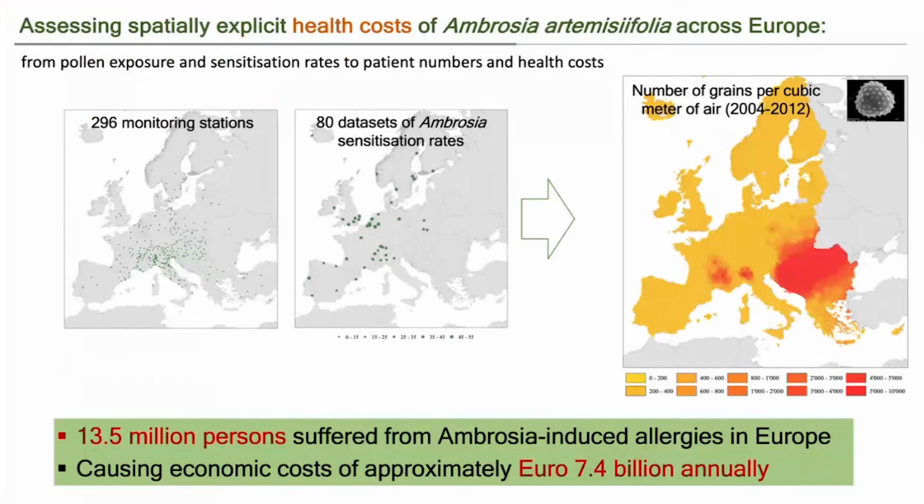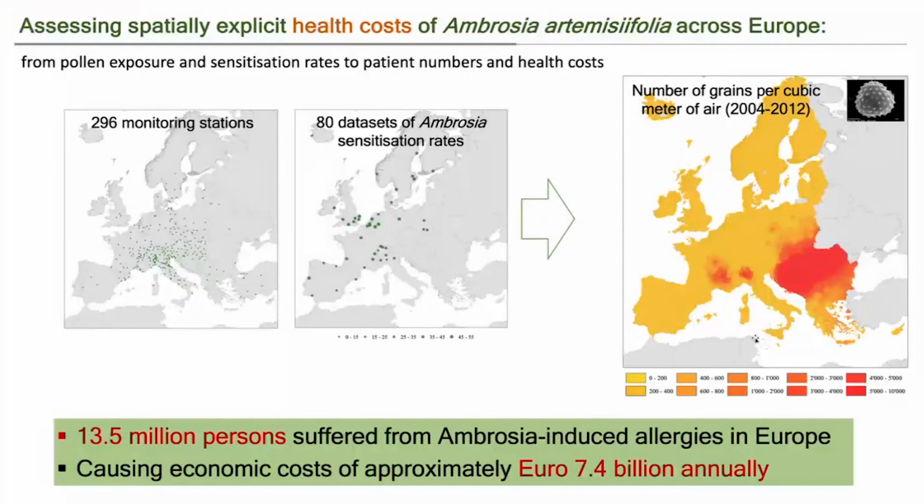This is one final example for Ambrosia. Based on the monitoring stations of the pollen data and how many people in the population are sensitive to Ambrosia pollen, we could estimate the number of grains per cubic meter of air.